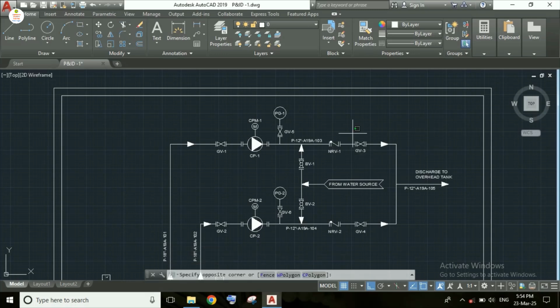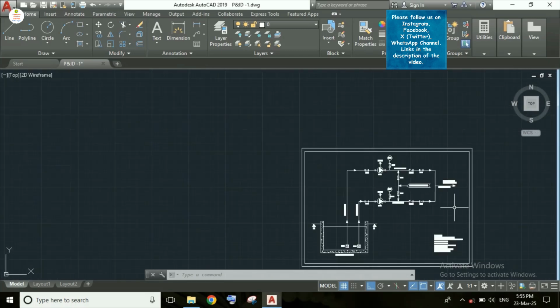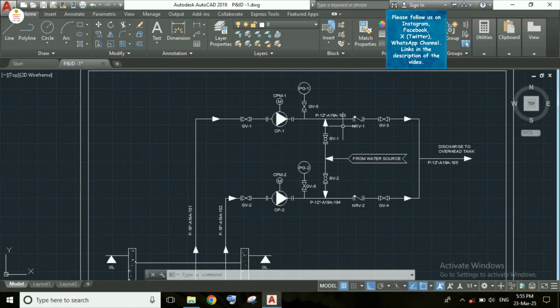And here another gate valve we have used, which acts as an isolation valve for this arrangement. After that the water, effluent or liquid goes to the overhead tank, as you can see here.